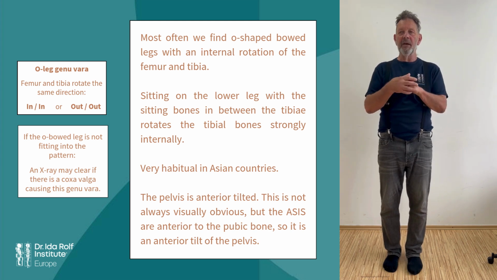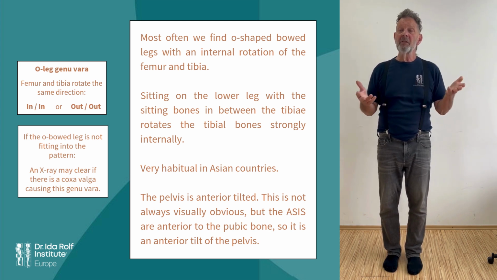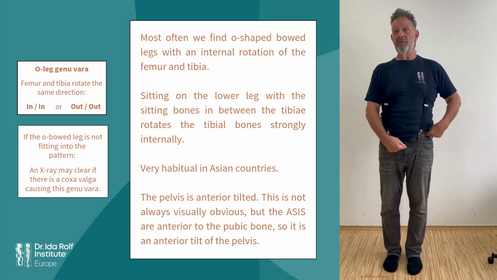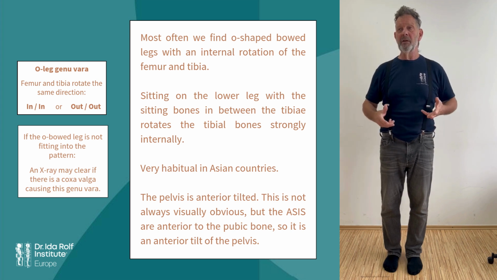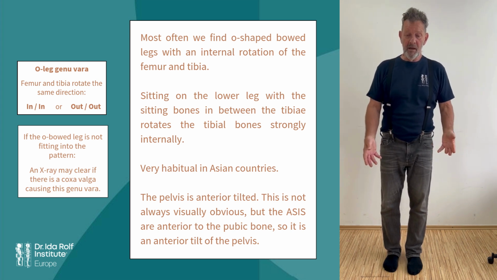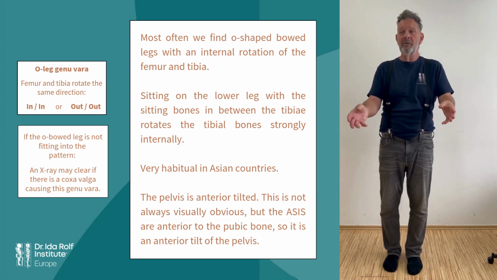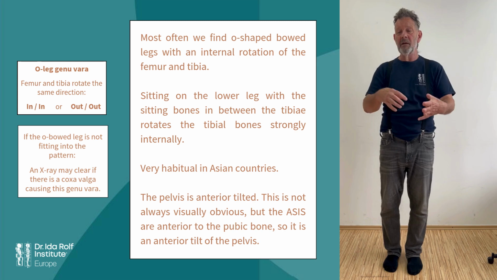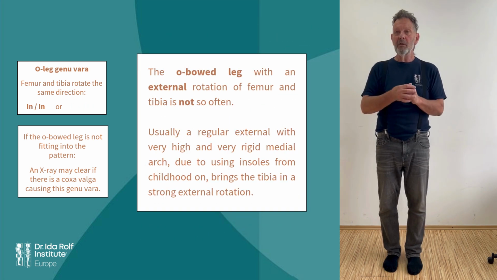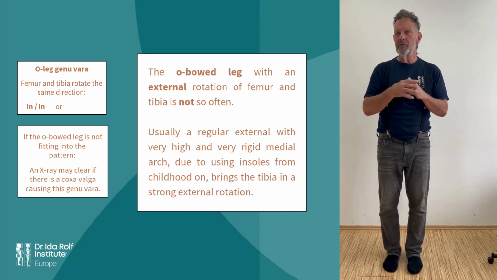Very, very often in Asian people. And you don't see it, but if you feel the spina iliaca anterior in relation to the pubic bone, you feel an anterior tilt. Anterior tilt, internal, and sitting habitually on the forelegs and the lower legs, internal rotation of tibia, internal O-bowed leg. External O-bowed legs do not appear so often.